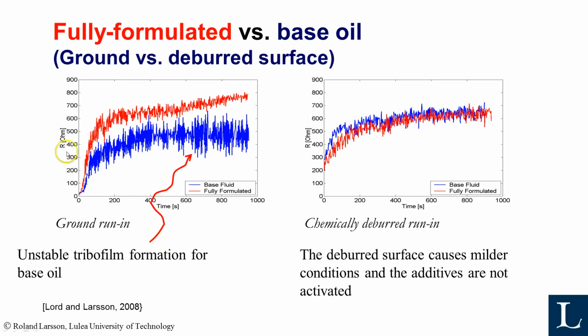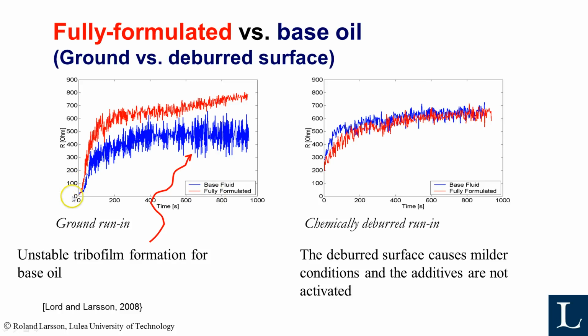We have seen something similar ourselves when we have measured with 2 different surfaces. Here you can see the resistance directly, and this is a ground surface, 2 different lubricants, the base oil only, and a fully formulated with the additives. And what you can see here is that the resistance in the beginning is low. That's because this is before running in.